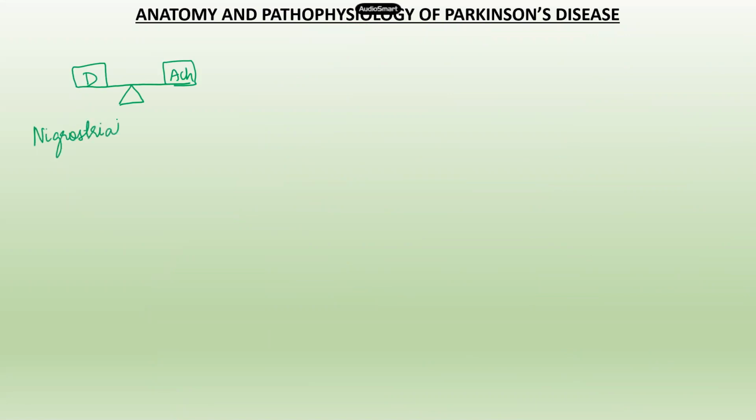Now, if you look at the pharmacological or the biochemical aspect of it, what happens is, in normal physiology, there is a balance between dopamine and acetylcholine. Now, since I have mentioned that the nigrostriatal pathway gets degenerated, the levels of acetylcholine will go up and the levels of dopamine will go down.